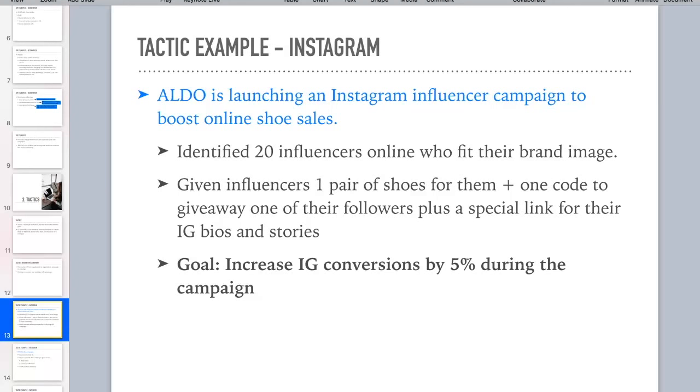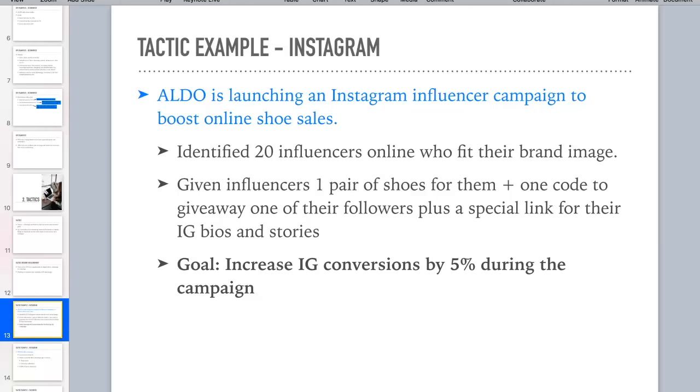Now, the special link part of this equation is incredibly important in tracking the measures of this metric. We're trying to see how many clicks the individual influencers brought in through their Instagram stories and their bios.